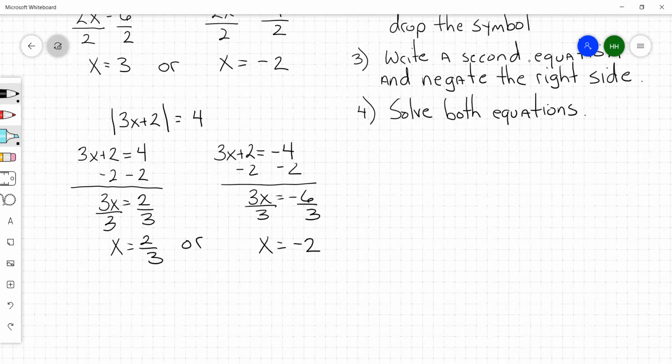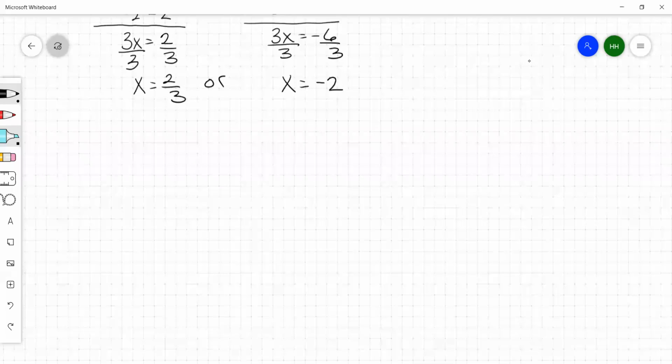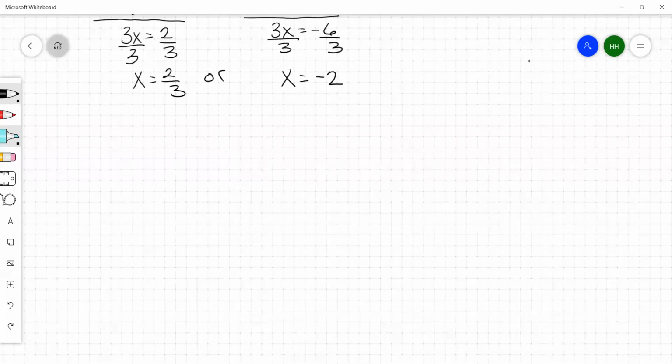The other type of problem you will see today. Now we've got 3 times the absolute value of x plus 2, minus 1, and that's equal to 8.